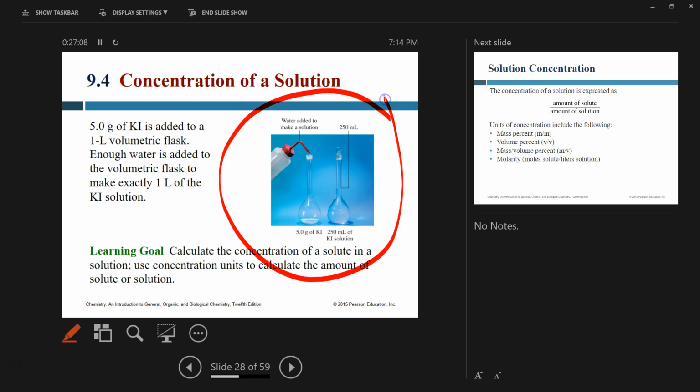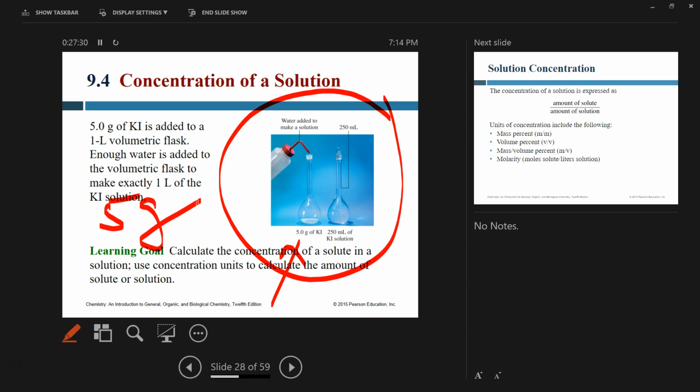So, for instance, here is an example of a preparation of a solution of potassium iodide in water. You can use all the math you want, but in my opinion, it's really important to understand this. Look at the conditions. You have 5 grams of salt.